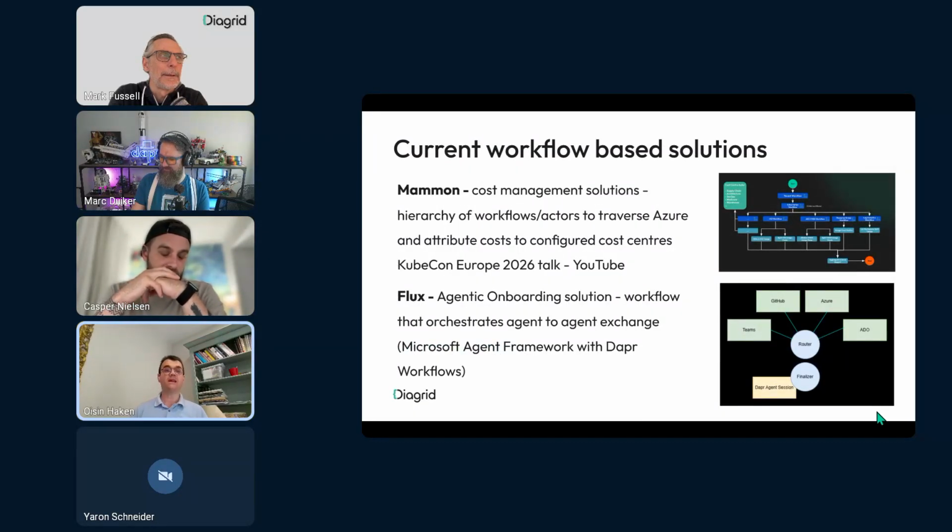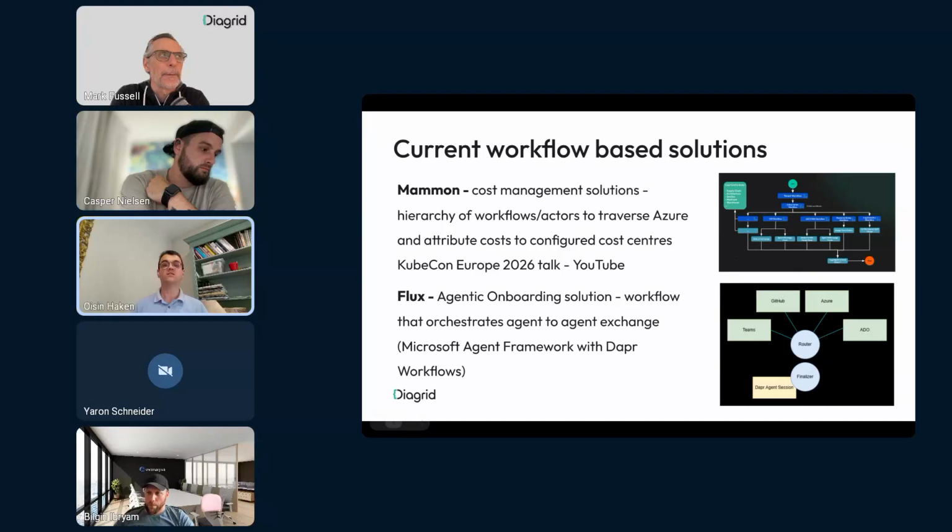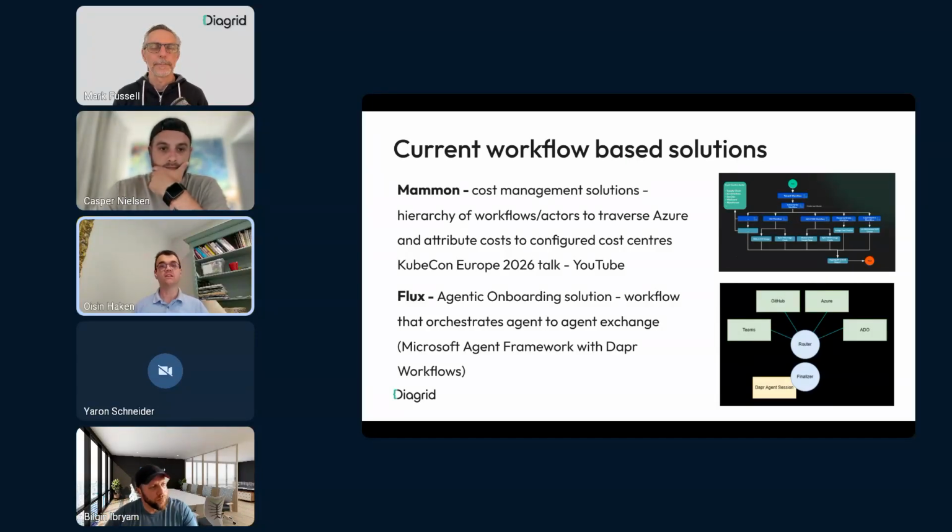So I picked two applications that represent a good sample of what we do. The first one, codename Mammon, is a cost management solution. Just to give you a brief idea, we're an Azure house. As you develop new applications, new streams, new initiatives, you provision a number of resources, and obviously there's cost.